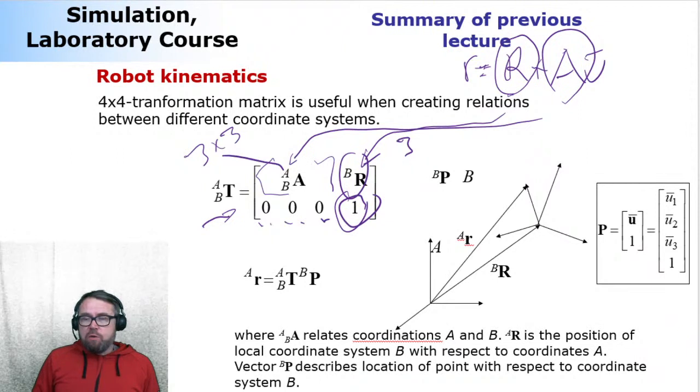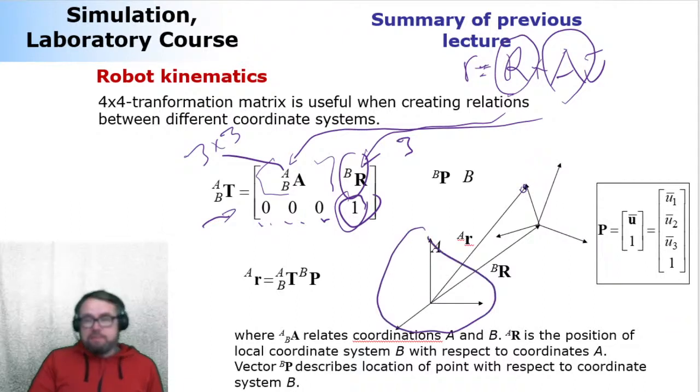Okay, so how does it work then? Well, now you have this 4 by 4 transformation matrix, and now you can use this to describe the particle with respect to your reference coordinate system. Exactly what we did in multibody system dynamics. Now the difference is that the vector u bar, which was used in multibody system dynamics, is called a bit differently.